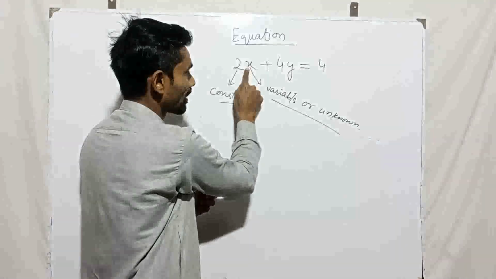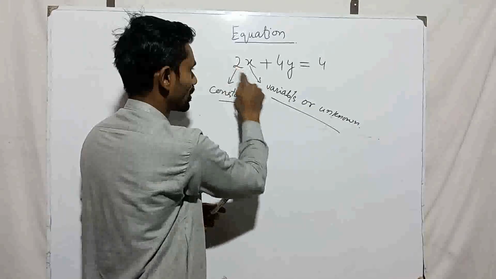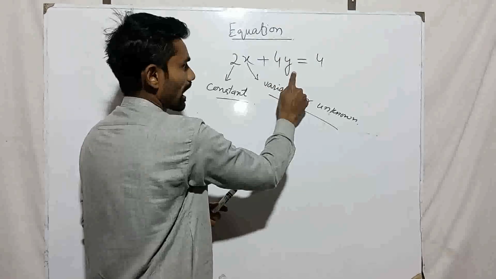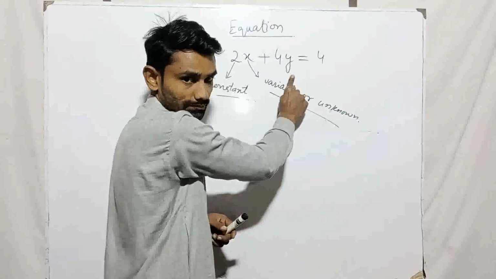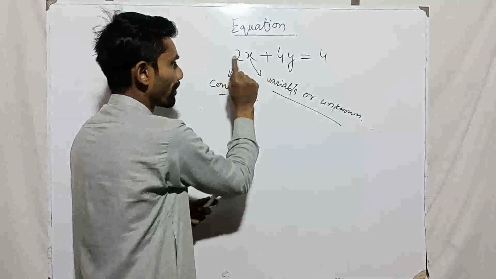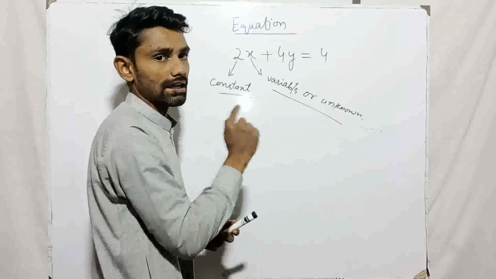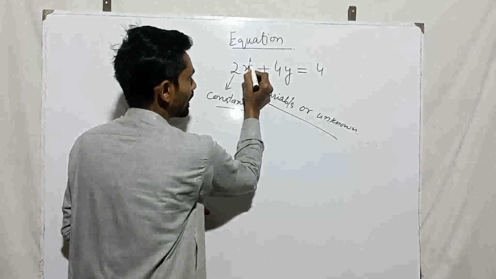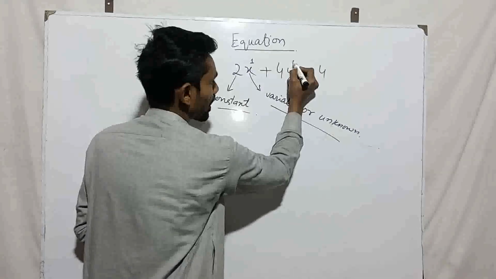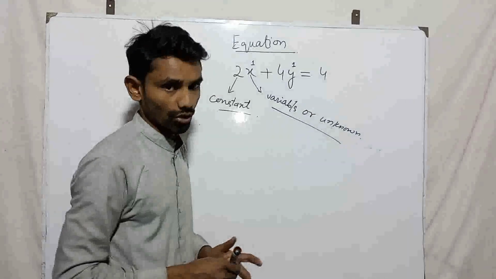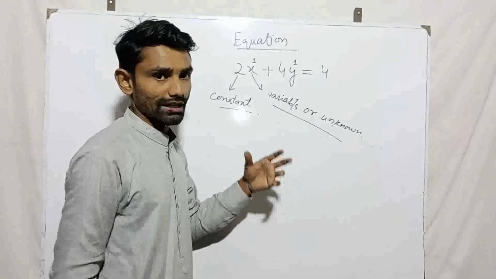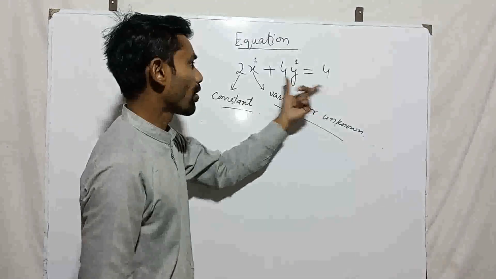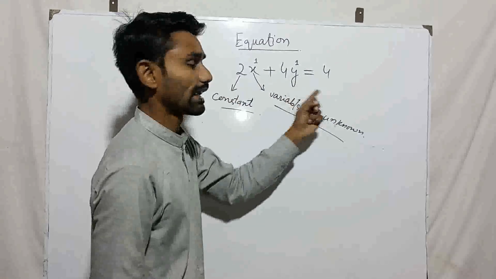There is unknown x in this term and unknown y in this term. The power of any unknown is called its degree. Its power is 1 and its power is also 1, so we can say that the degree of this equation is 1.